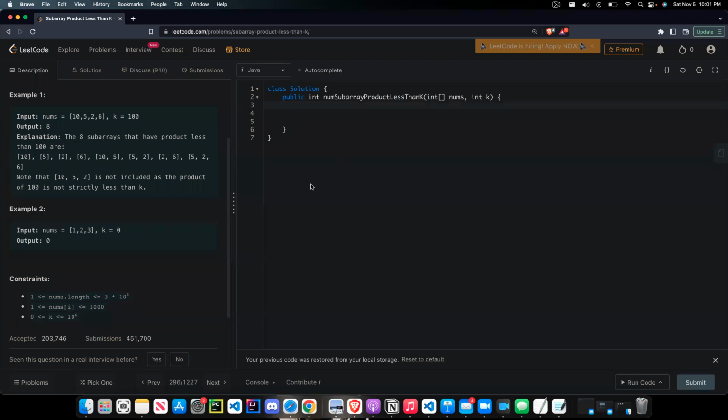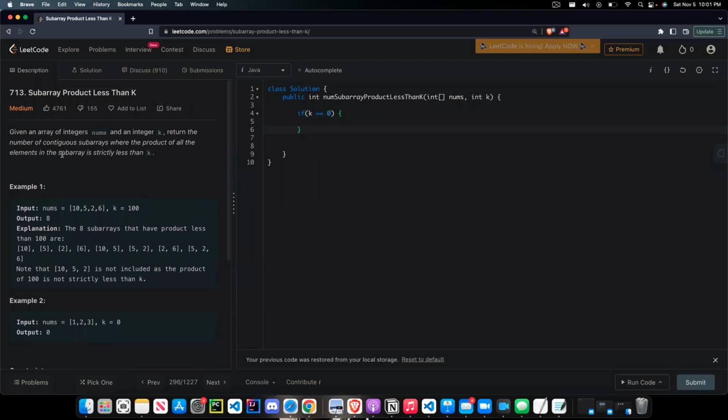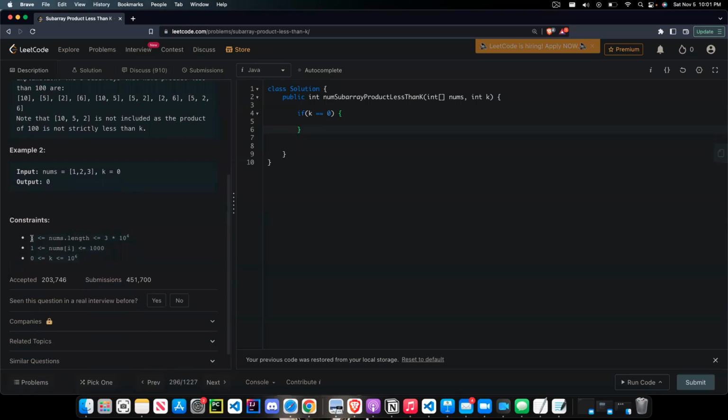I want to address a couple of things here. The first is, if k is actually 0, what are the implications of this? If k is 0, and we are supposed to find numbers that are strictly less than k, that means we want to find a product that is strictly less than 0. Well, it's kind of counterproductive to do that because the numbers that we're given are always positive.